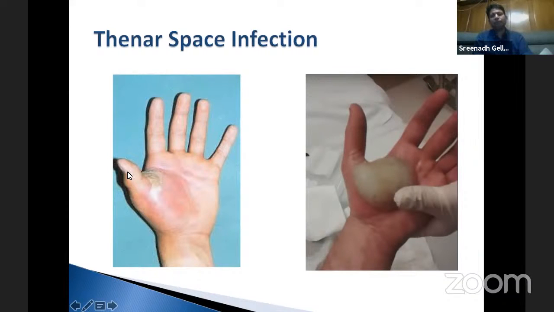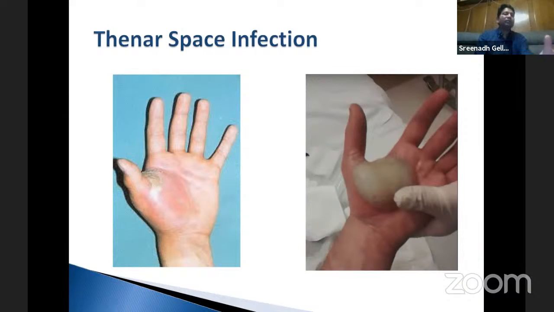Usually the typical type of photo they put is the one I'm pointing out on the left side. The things to remember here are, number one, the thumb will be in an abducted position and the fingers are going to be straight. And there will be a collection here, or an induration here. So if the thumb is in abducted position and the fingers are not curled up, it is a Thenar space infection. And usually the swelling is more predominantly on the volar aspect than on the dorsal aspect.